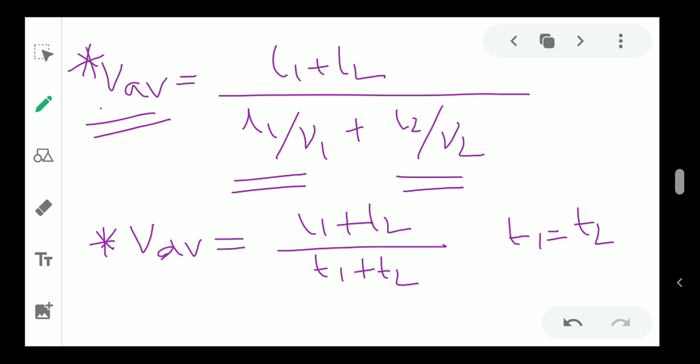The object goes from here to somewhere, whatever the distance covered and whatever the speed, but the time taken for both sections is the same.